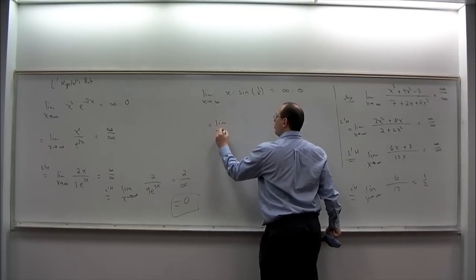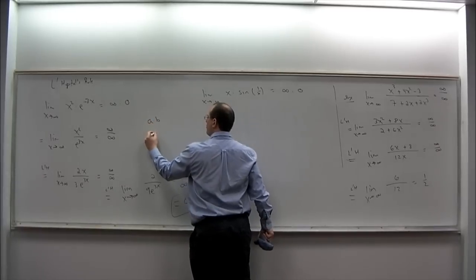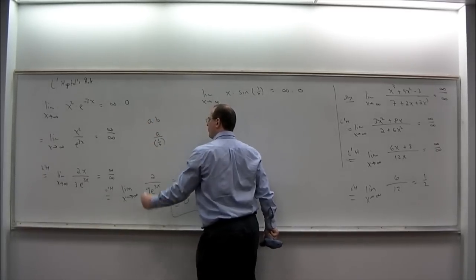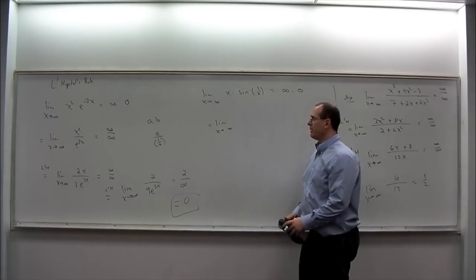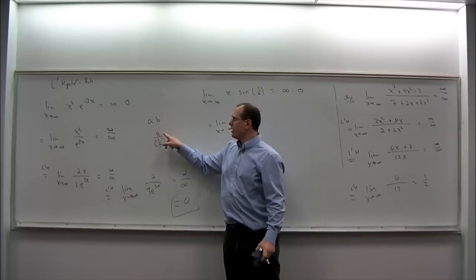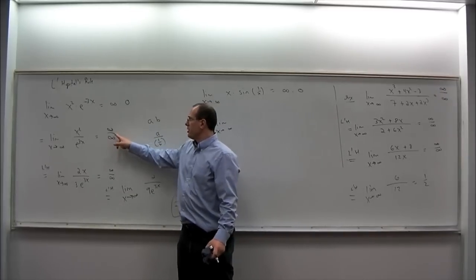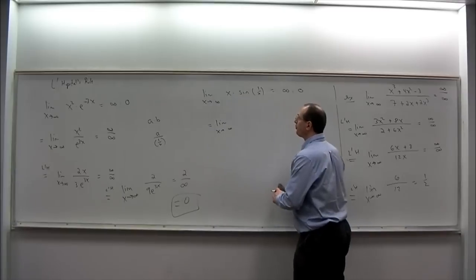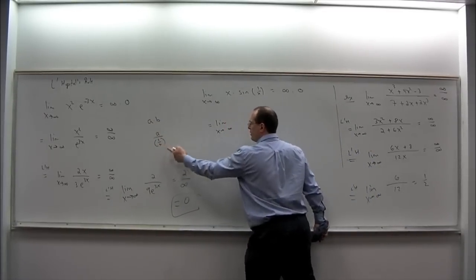But you can always rewrite an expression, a times b, as a divided by 1 over b. You could always turn it into a fraction in that way. A little bit clumsy and artificial, but nonetheless turning a product into a fraction, because L'Hopital's rule prefers fractions. And you could have moved the b down or the a down just the same.